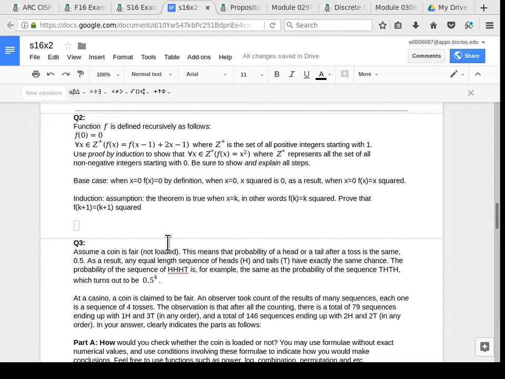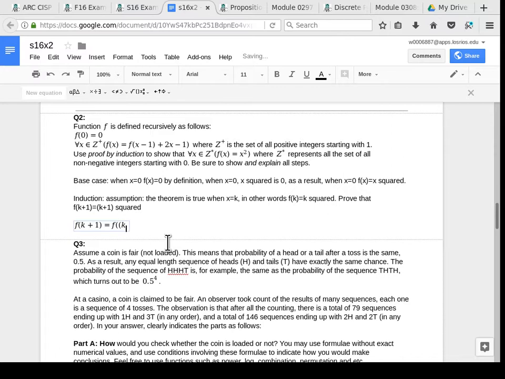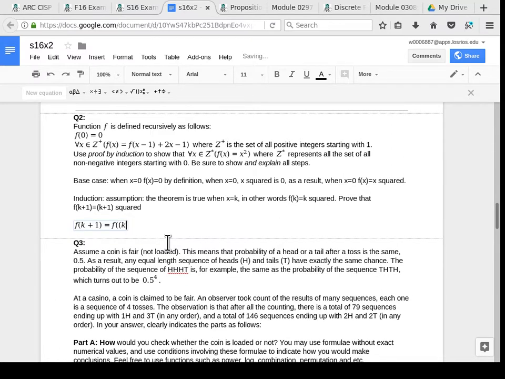All right. So now we just say, f of k plus 1 by definition is f of k plus 1, the whole thing, minus 1, plus 2 of x. So in this case, it's 2 times k plus 1, and then the whole thing minus 1.